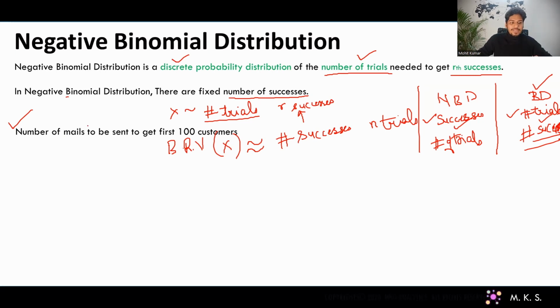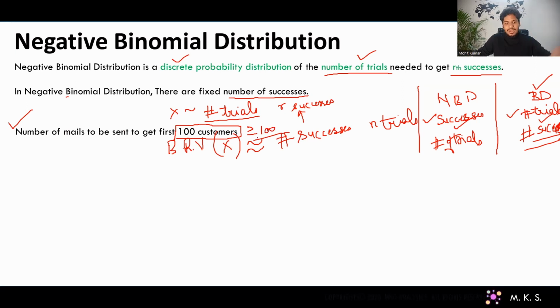The way you approach customers is by mail. So how many mails do you have to send to get your first 100 customers? That number can be 100, 200, 500, 1000, 5000, 10,000, that depends, but it will always be greater than or equal to 100.